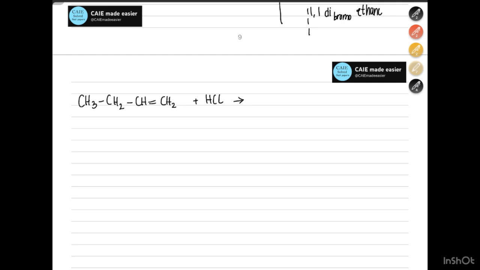So very easy way, we will just write CH3, CH2, because this hydrogen and chloride will come here and this bond will go. So CH3, CH2, CH, and then CH2, and then CH2Cl.